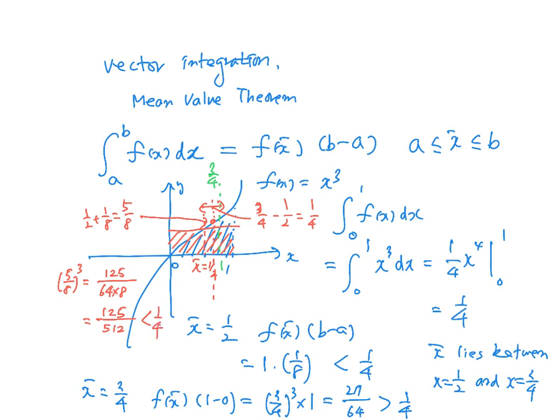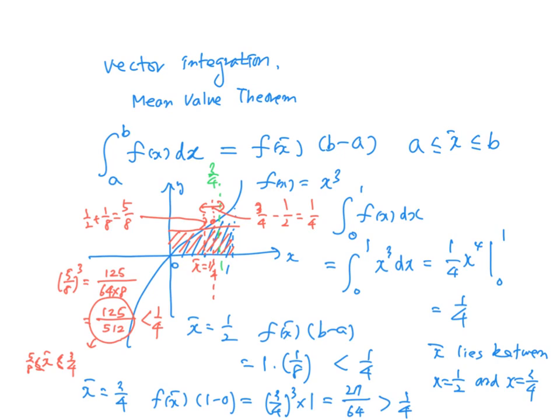So from this we know that x bar is in between 5/8 and 3/4. But actually, this value is close to 1/4. So anyway, with the mean value theorem, you can reduce another half. So maybe next time we'll be even closer.